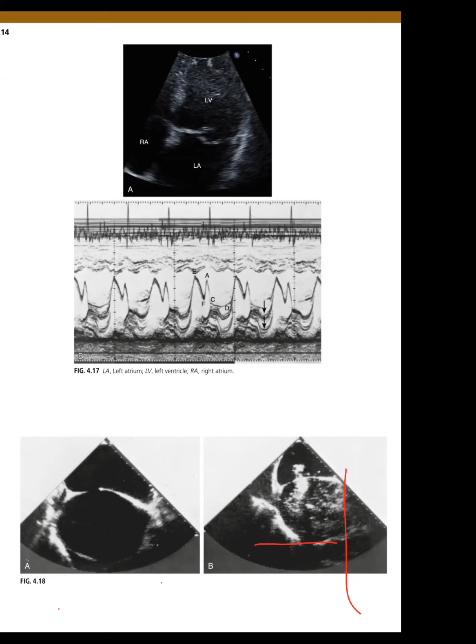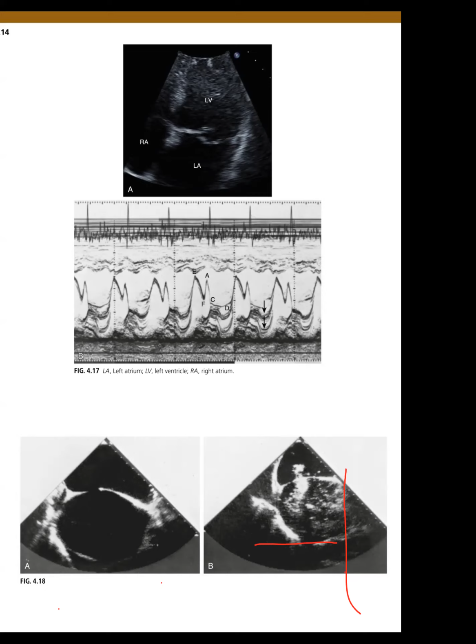The membrane you are seeing across is the interatrial membrane, and that cavity at the bottom is your right atrium, and then the cavity at the top is the left atrium.